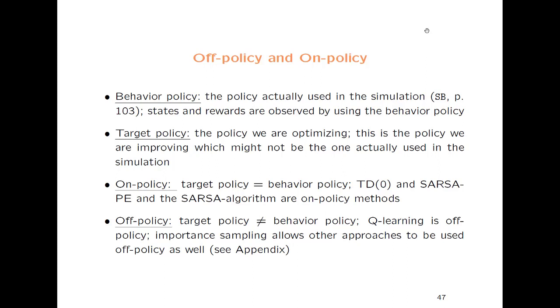And then there are off-policy methods, where the target policy can be different from the behavior policy. Q-learning is maybe the most famous algorithm which works off-policy. But if we use a technique called importance sampling, we can also use other approaches off-policy as well. We will have a short discussion on this in the appendix, but it's a little bit too much for the main part of the lecture today.